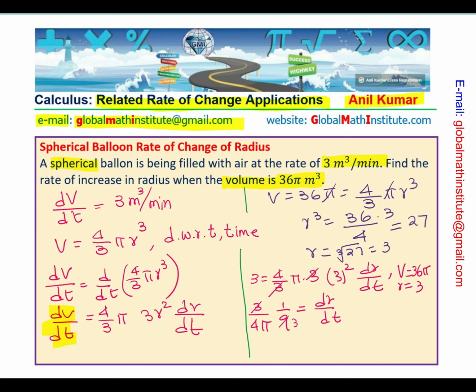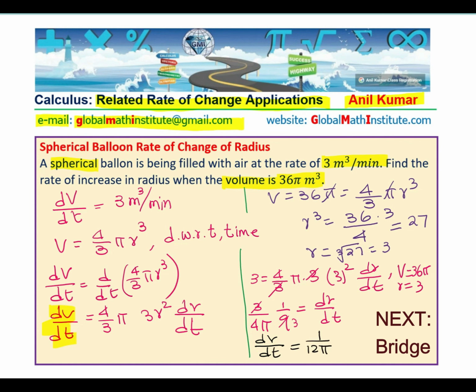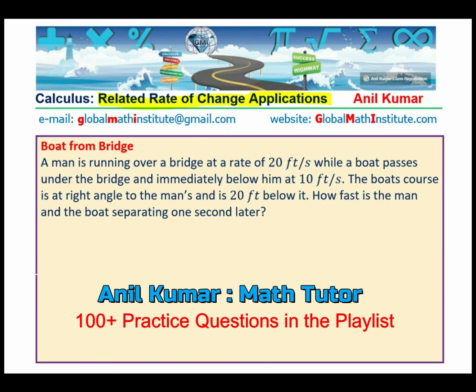So we get our answer, which is dr/dt equals 1 over 12 pi. Radius being measured in meters and time in minutes. So it is very important to write down the units. Perfect. So I hope the concept is absolutely clear.